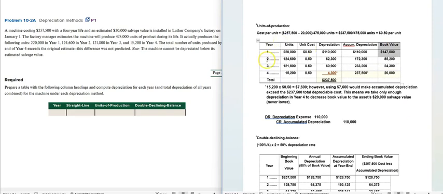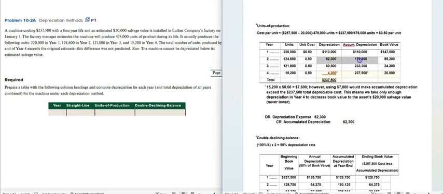Using the units of production method for year two, I would multiply year two's actual production, 124.6, by 50 cents, giving me depreciation expense in year two of 62.3. So my adjusting entry in year two would be debit depreciation expense for 62.3, credit accumulated depreciation for 62.3.